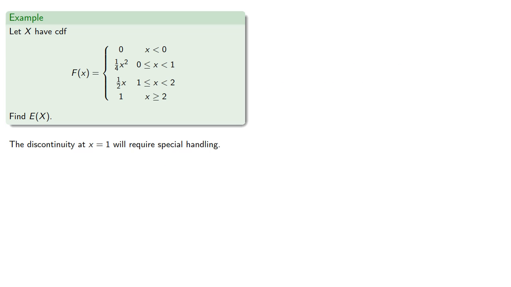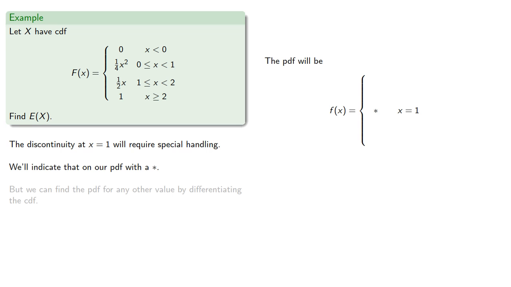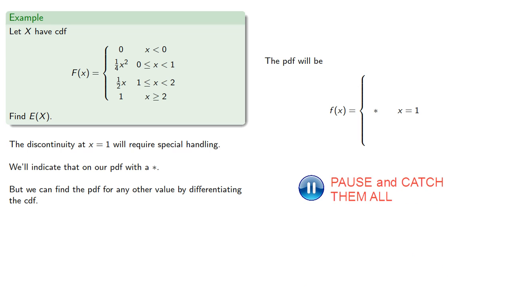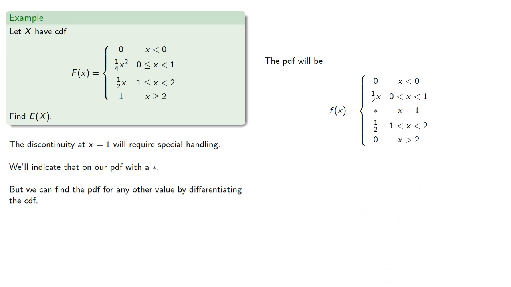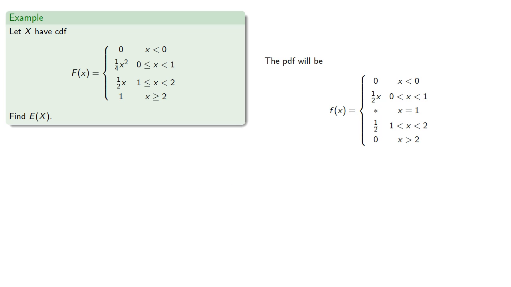And so this discontinuity at x equals 1 will require some special handling. We'll indicate that on our PDF with a star, but we can find the PDF for any other value by differentiating the CDF. So differentiating gives us our PDF everywhere except at x equals 1.